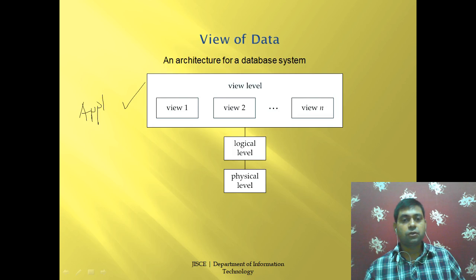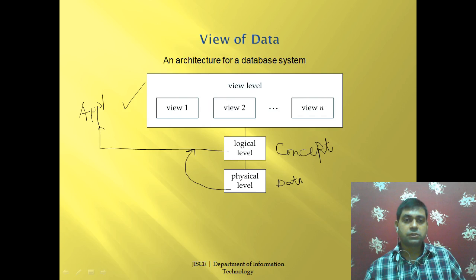And here the logic level is basically a gateway that provides support to the application level to retrieve information from the physical level. So this is basically the concept level, concept layer, and this is the internal layer or physical layer, or we can say data layer. So this is the data layer. So this is the 3-tier architecture of database management system.